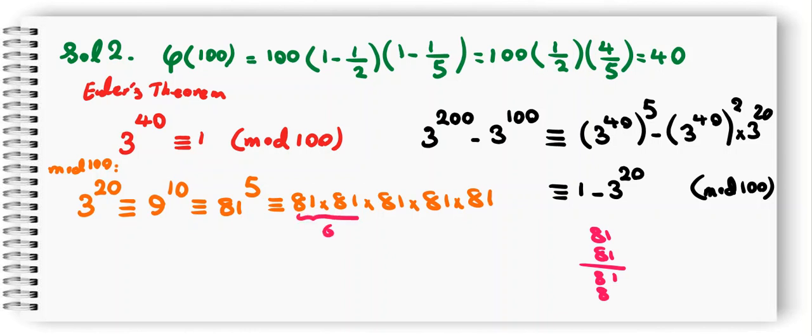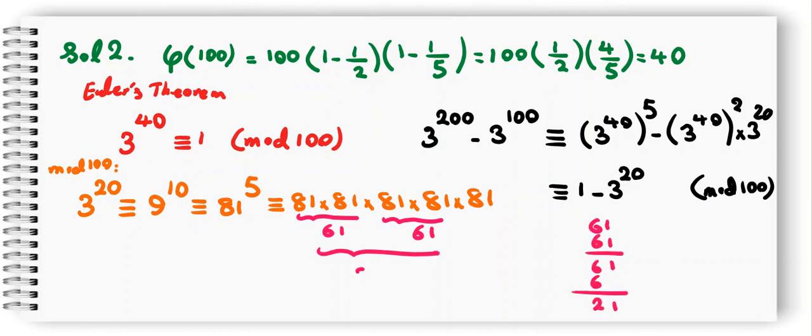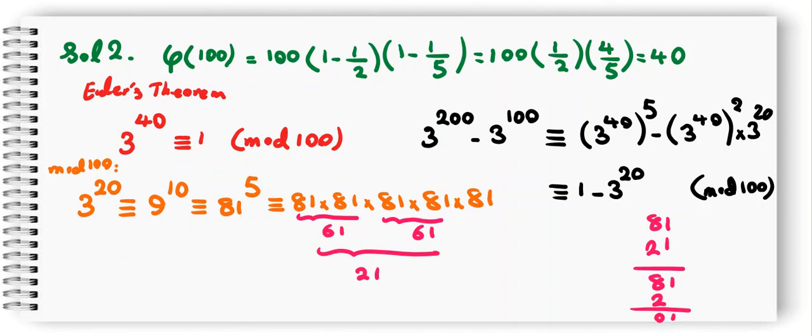It will be 61. Now we find 61 times 61. It will give 21. As easy as this. And then we want to find 21 times 81 in the last step. It will give 01, so it is 1 mod 100. So the last two digits, the answer, is 0, 1.